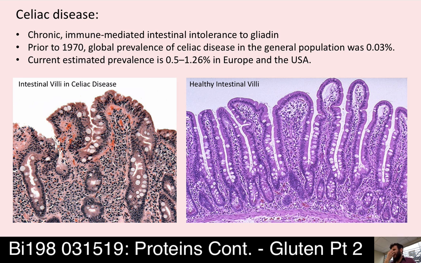This is probably because there were a number of cases that were occult prior to the 70s, and now our diagnostic technique is getting better. We can identify this is celiac disease, where it wouldn't have been diagnosed prior.